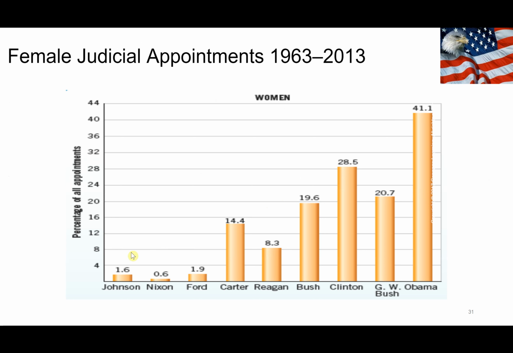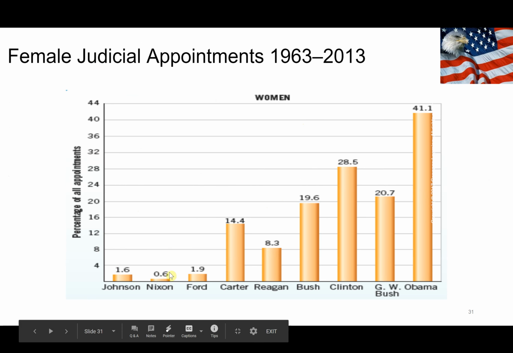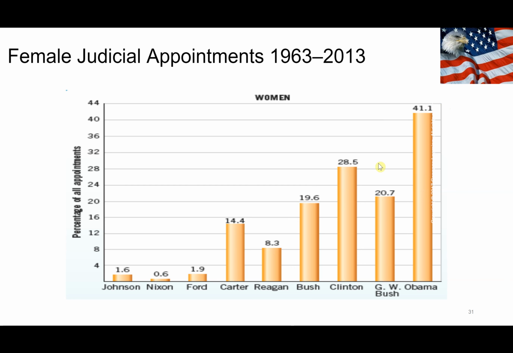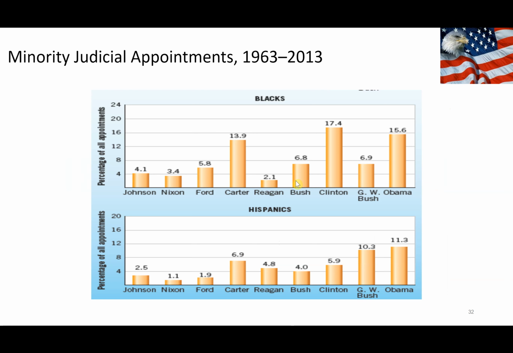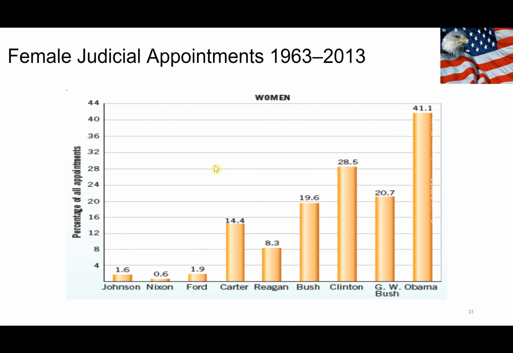Now, this is an interesting little graph of female judicial appointments as a percentage of all appointments. In terms of women, in the past it was abysmally low, but over time it has gotten a lot better, with Obama being the highest. You also generally see Democrats appointing a higher percentage of female appointments to the court.